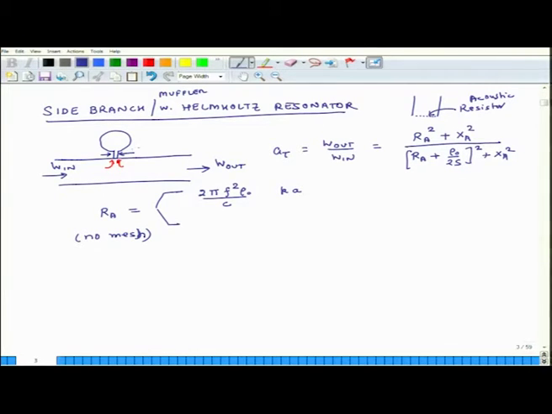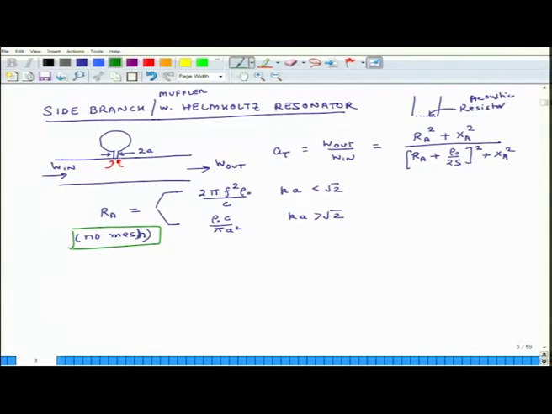A is the radius of this pipe. So, this is diameter, KA is less than the square root of 2, and if KA is more than square root of 2, then this is rho naught C divided by pi A square. So, that is there RA. Now, that is the case when there is no mesh.